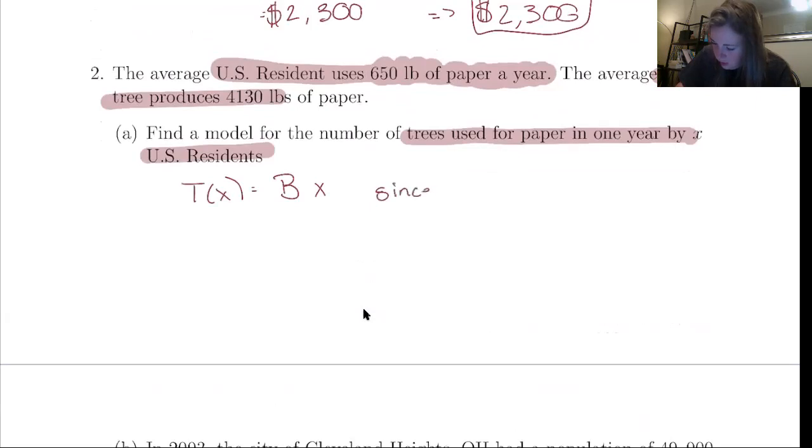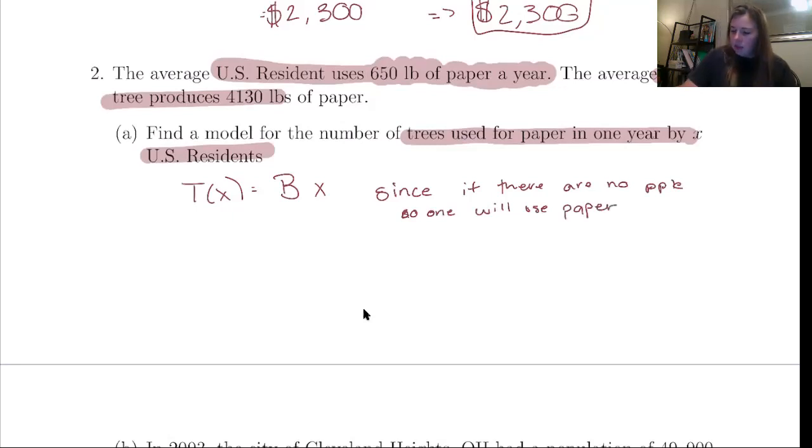Since if there are no people, no one will use paper. I hope that makes sense.